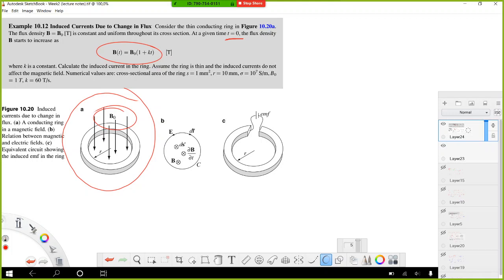Calculate the induced current in the ring. Assume the ring is thin and the induced currents do not affect the magnetic field.